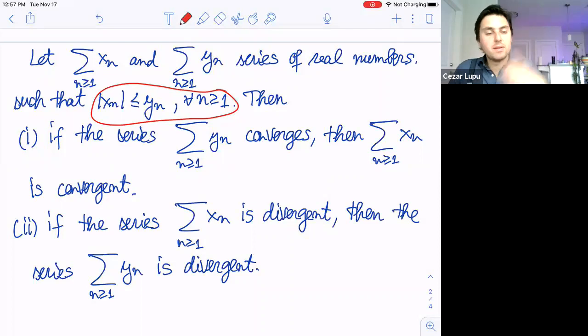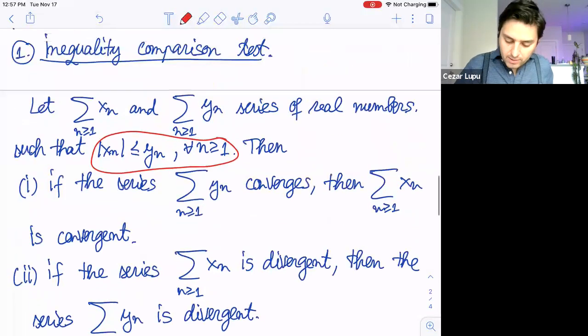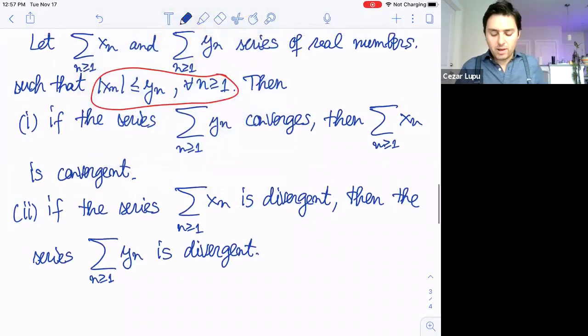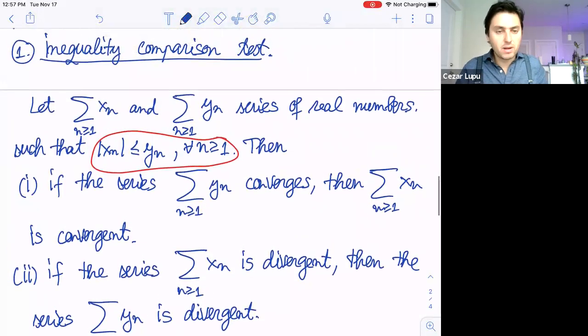But the other way around, if the series of Xn is divergent, and Yn dominates it, of course the series of Yn is divergent. So it's very easy to remember. That's the inequality comparison test. There are plenty of equivalent formulations of this, but basically this is what it is.